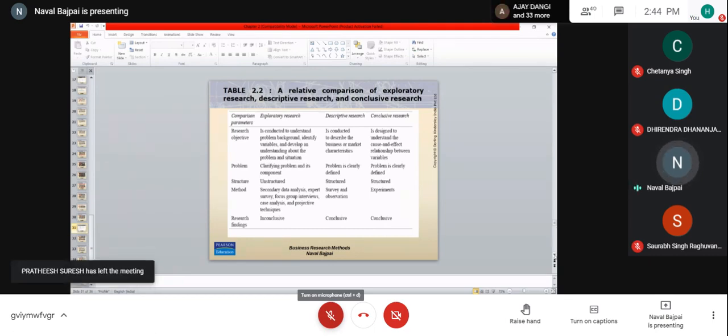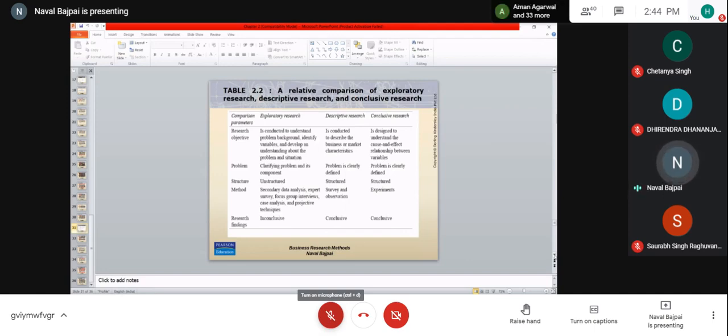When structure is not required for exploration, you may not be able to structure it. So we are happy that exploratory research is unstructured. This is not a problem for us, because from exploratory, unstructured, inconclusive, we would move to structured and conclusive.